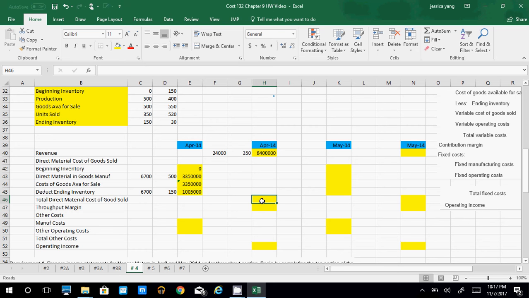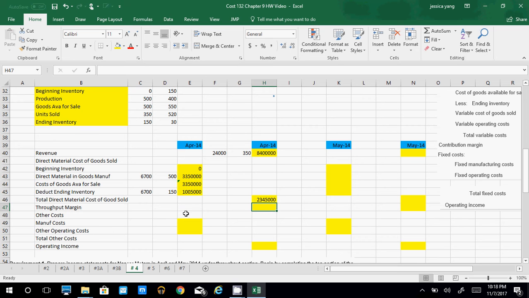To arrive at total direct material cost of goods sold, we take cost of goods available for sale of 3,350,000 and subtract the ending inventory deduction of 1,005,000, which gives us 2,345,000 for direct material cost of goods sold.